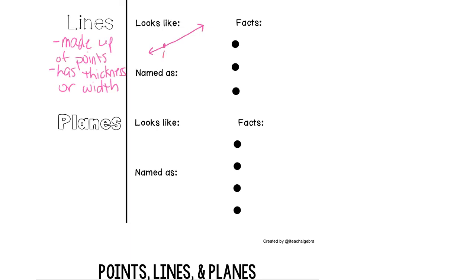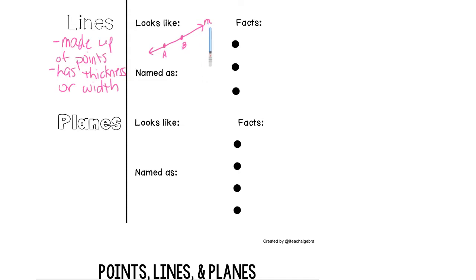So we got to have that, and one of those, and one of those. So a line looks like a line. It's got to have arrows on each end because this line continues on and on infinitely in either direction. It's described by at least 2 points. We need 2 points to make a line.